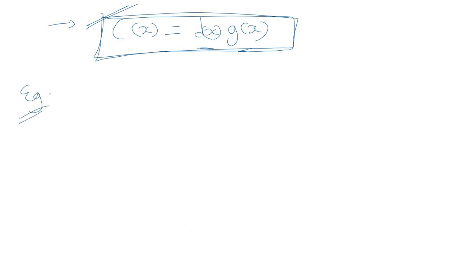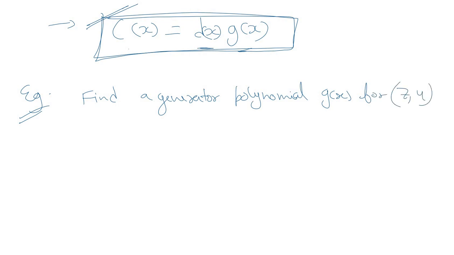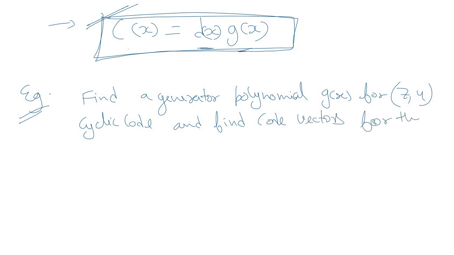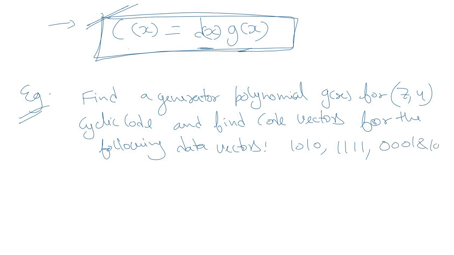So the question is, find a generator polynomial g of x for (7,4) cyclic code and find the code vectors for the following data vectors, which are 1010, 1111, 0001 and 1000.